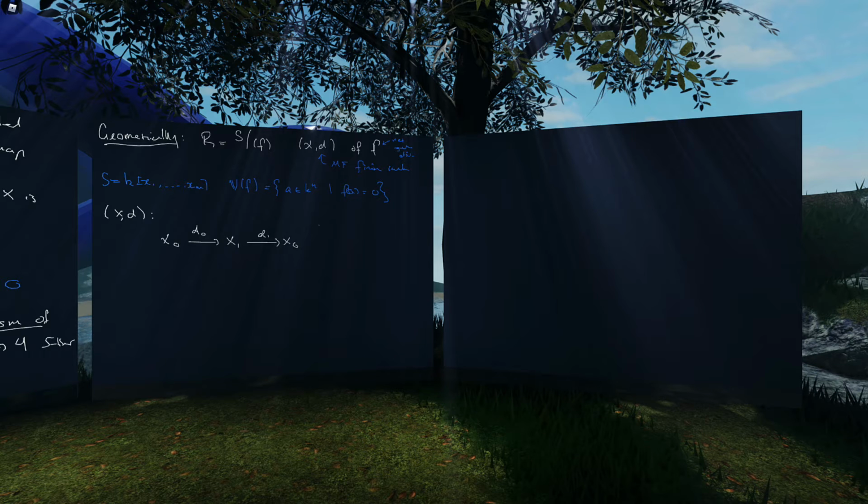Since D0 D1 is F times the identity, and F is not a zero divisor, we know that D0 is a monomorphism, and the same can also be said of D1, although that's not relevant.